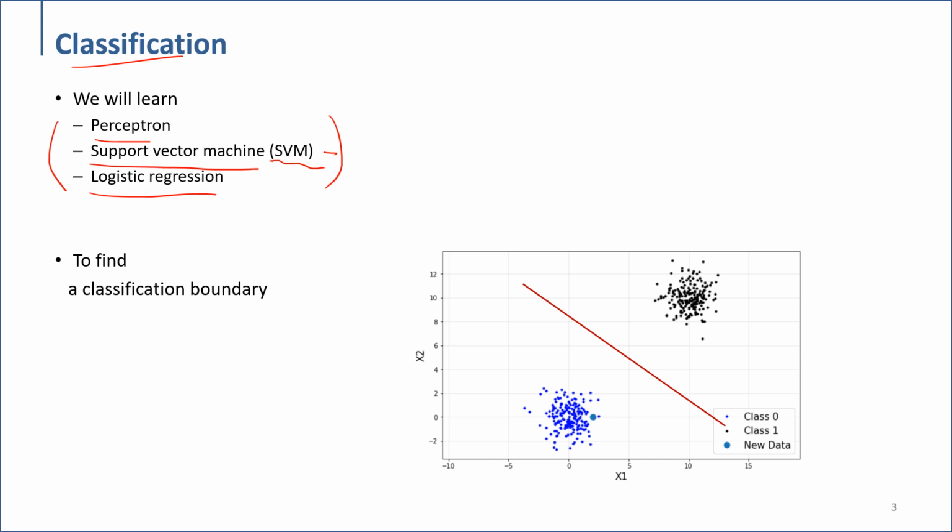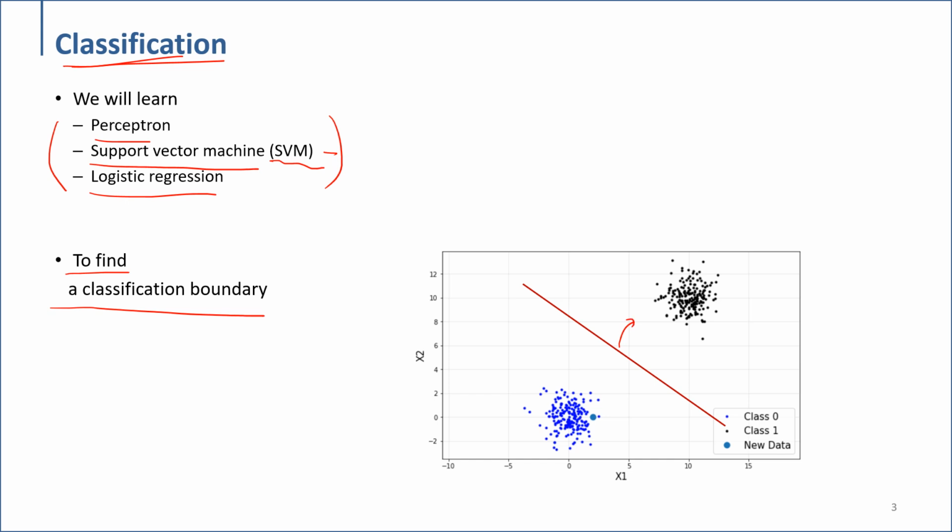So the objective of classification is to find a classification boundary, which means, let's say you have this data, then our objective is to find this classification boundary.